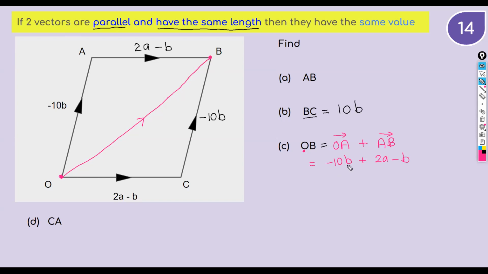Add up all the A's and add up all the B's. 2A, well, he has no friends, so he's just 2A. And minus 10B minus B is minus 11B. How many of you got that, right? And I should put my answer on the diagram. It could be useful later on. Great.